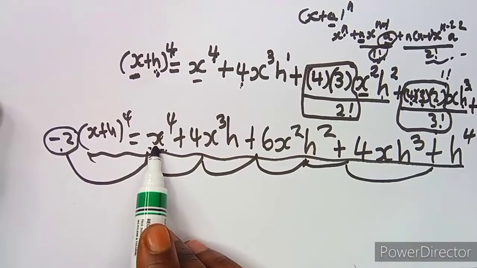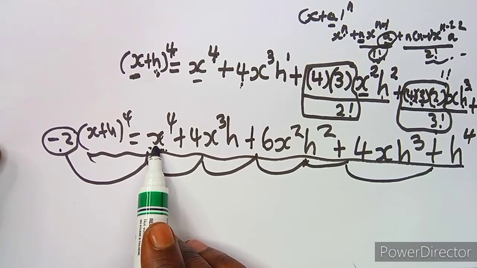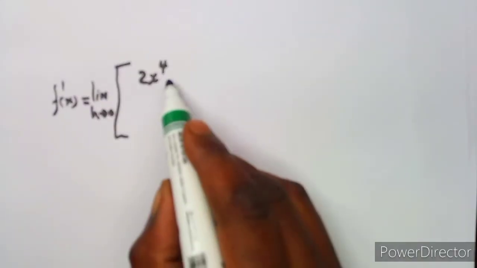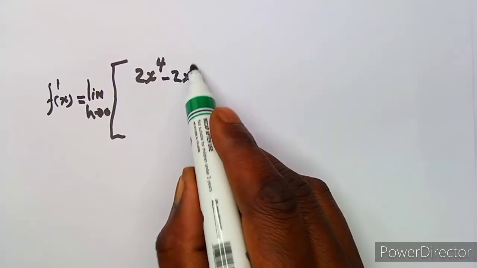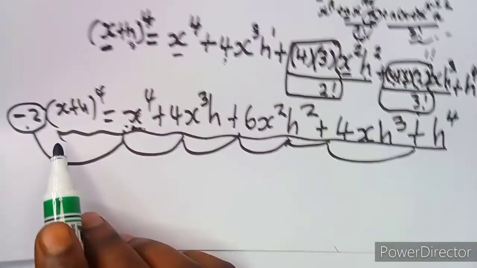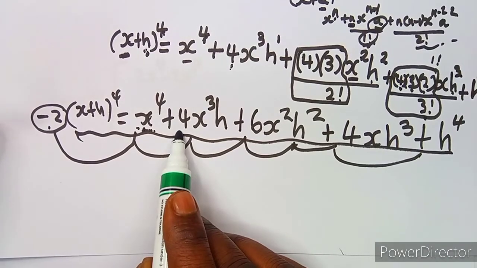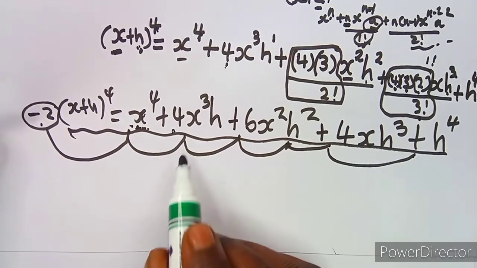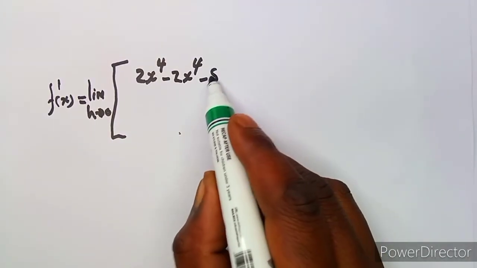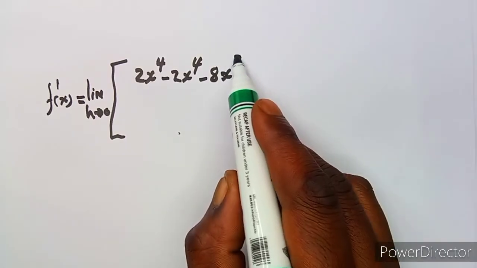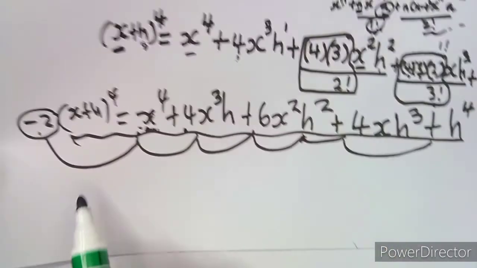So it's minus 2 times x to the exponent of 4, which is minus 2x to the exponent of 4. Minus 2 times 4 is minus 8, so you're going to have minus 8x to the exponent of 3 h.